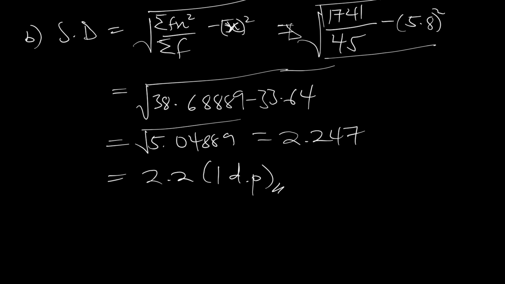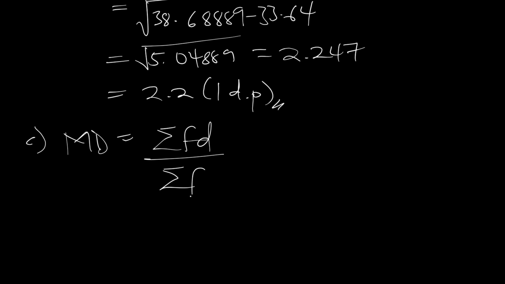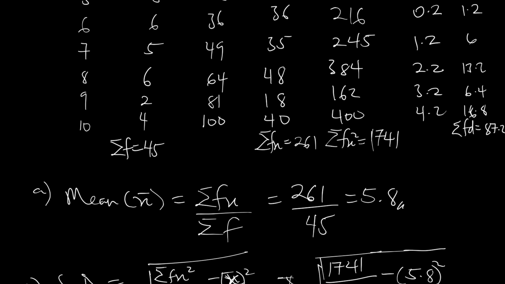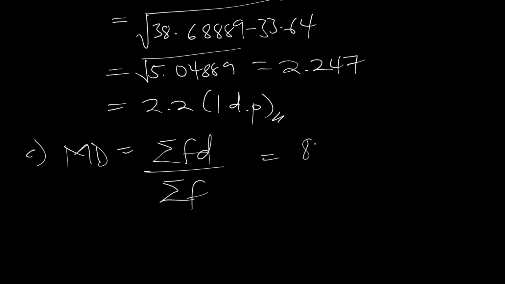Now moving on to our mean deviation, which is C. We know that the mean deviation is equal to the sum of fd over the sum of f. The sum of fd is 87.2, so we have 87.2 divided by the sum of f, which is 45.